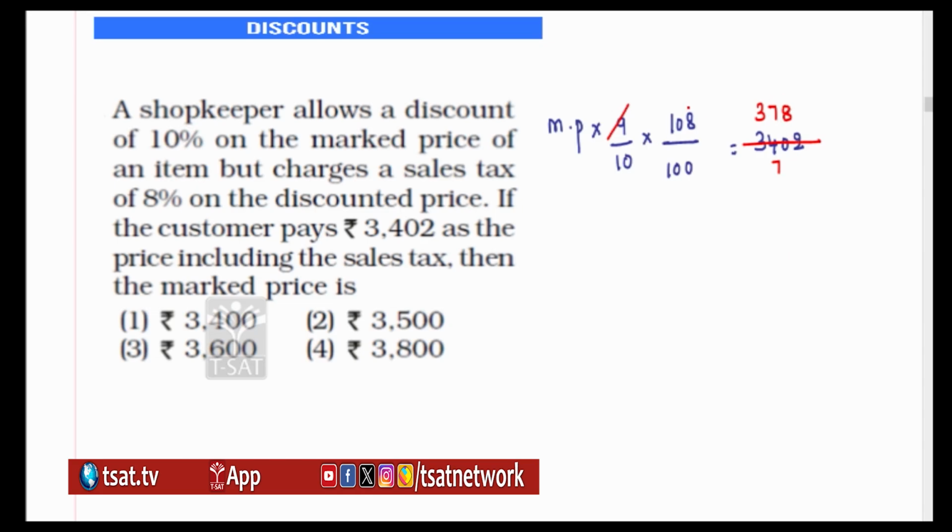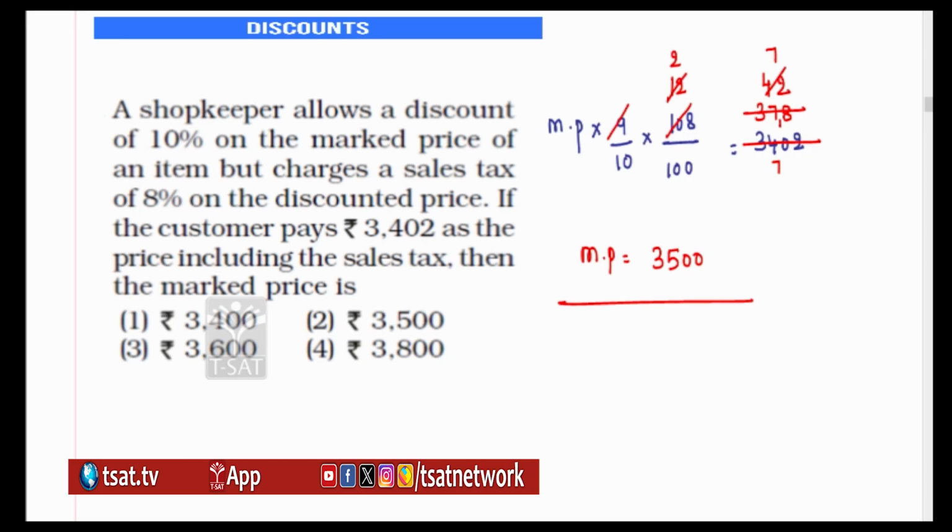Again you can cancel it in the 12 table or else the 9 table. 9 12s are, 9 4s are 36. 9 2s are, 6 2s are, 6 7s are. If you cancel that, you will get 3.5. MP is equal to 3.5 into 1000, which is 3500.